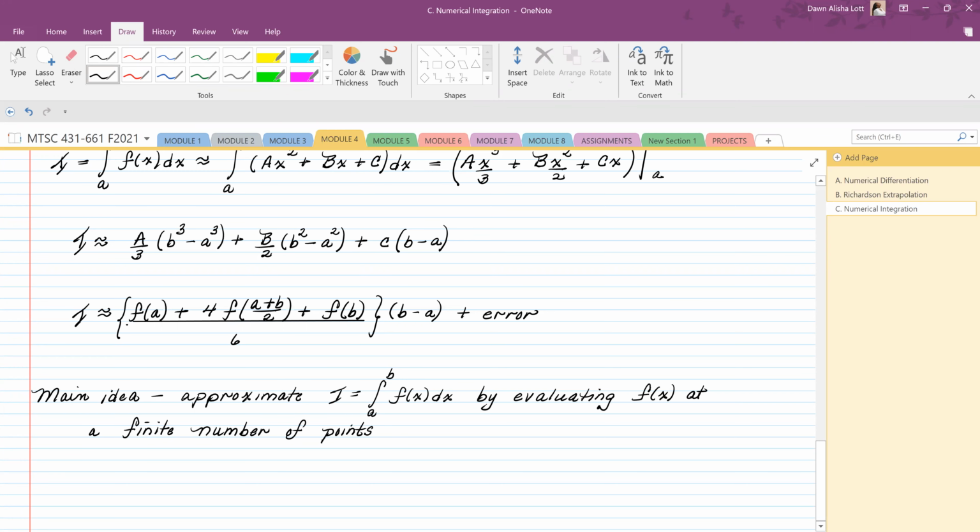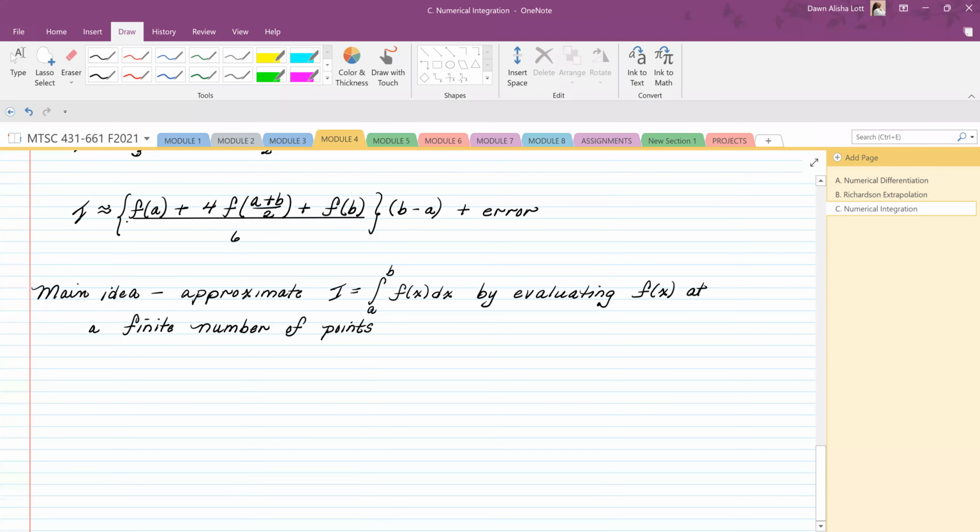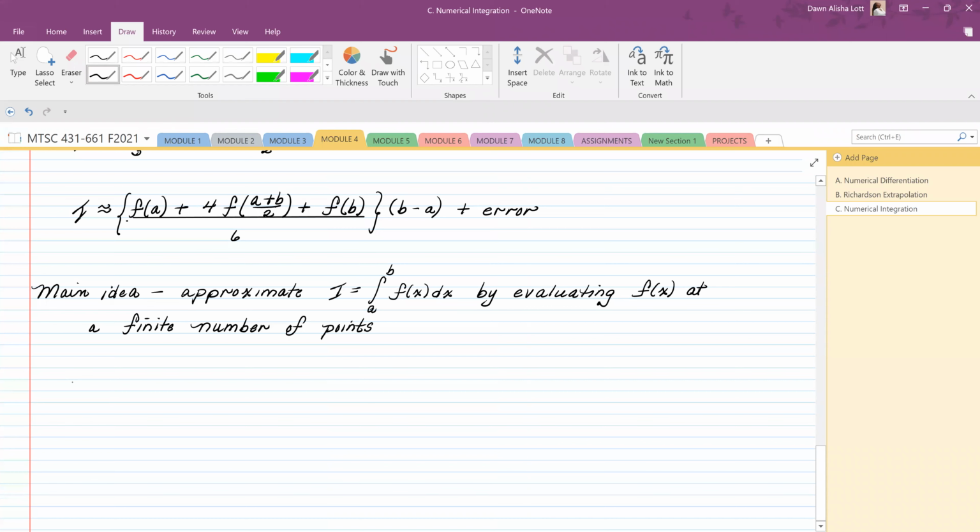Okay, so this is what we're going to have. I is going to be our integral from a to b of f of x dx. We're going to write it, it's going to be approximated by a sum of points i going from 0 all the way up to some finite number n.